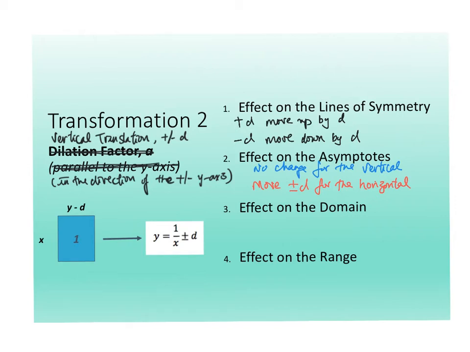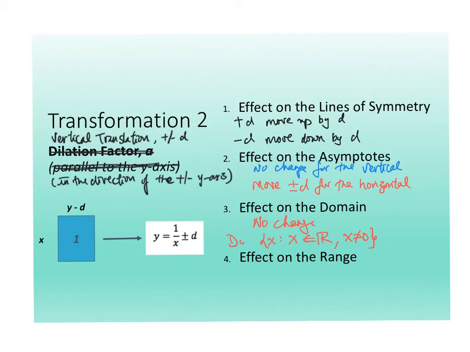Effect on the domain, does it change? No, because we have not changed the x value, we have not moved anything. So the effect on the domain is no change. It's still x such that x is a member of the real numbers, x does not equal 0.